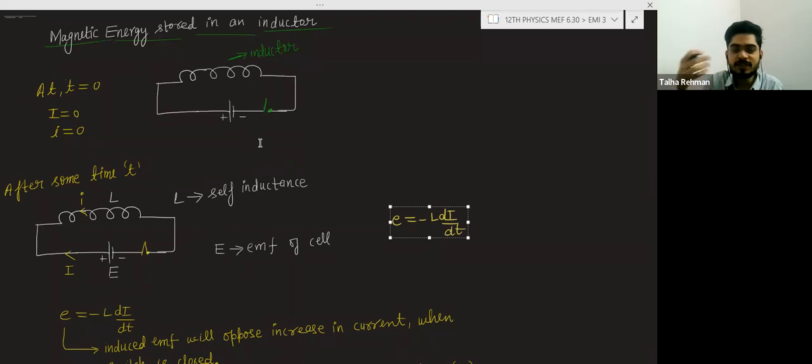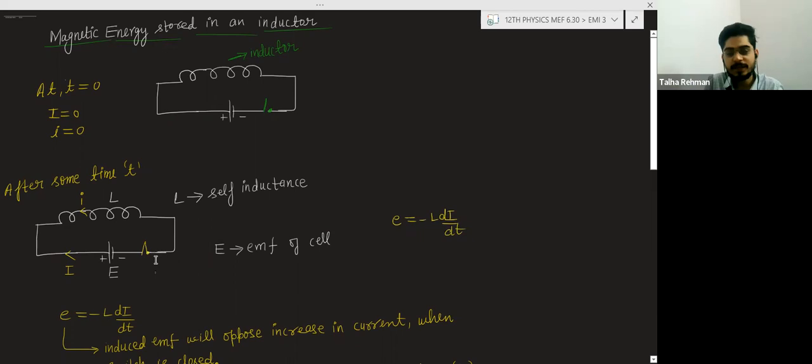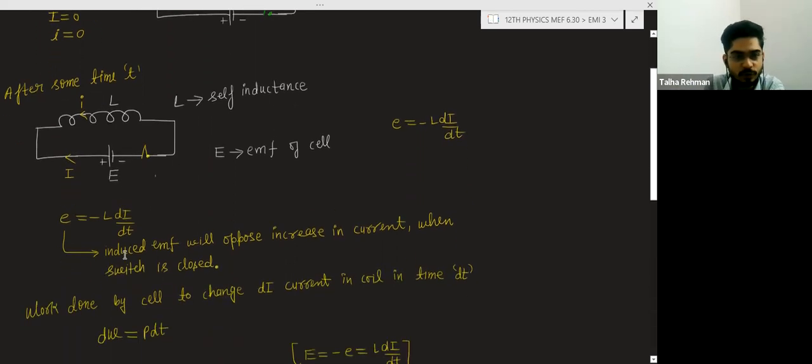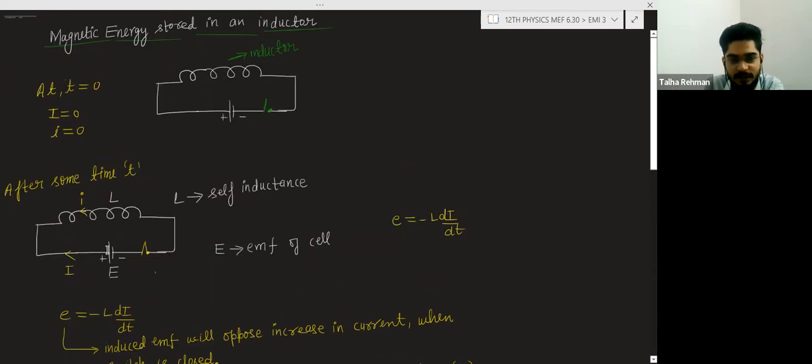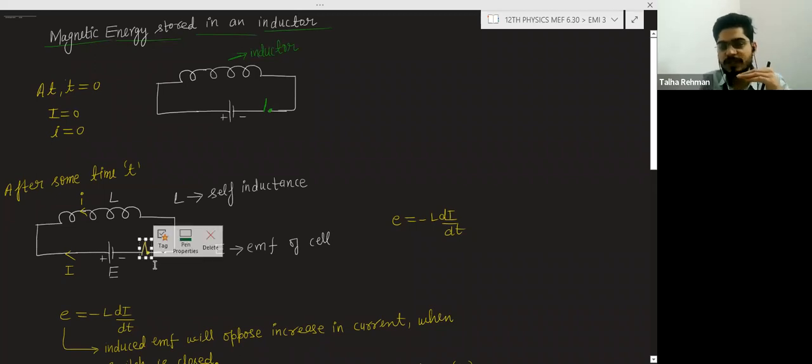Suppose after some time you have just closed this key, then what will happen? When you close this key, due to this battery there will obviously be a current in this inductor. Initially the switch is open, and after that you close the switch.